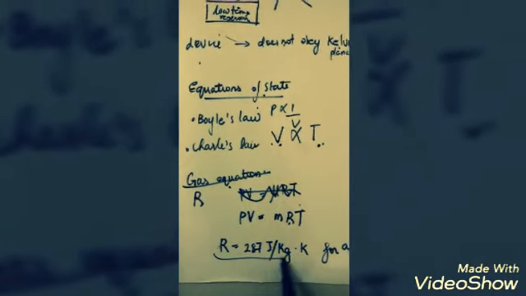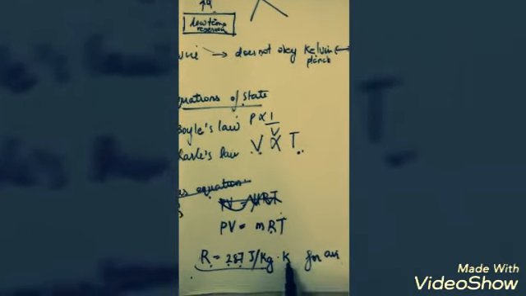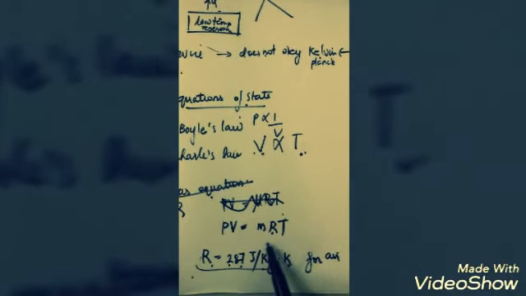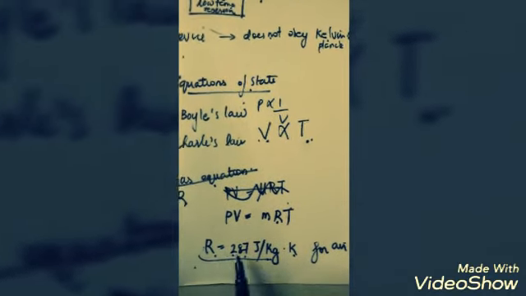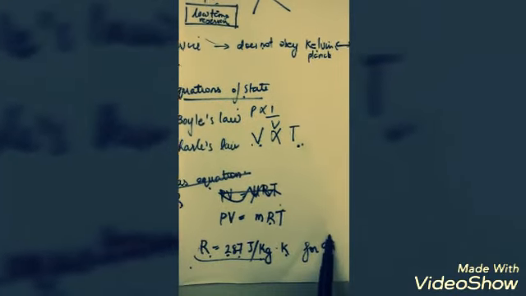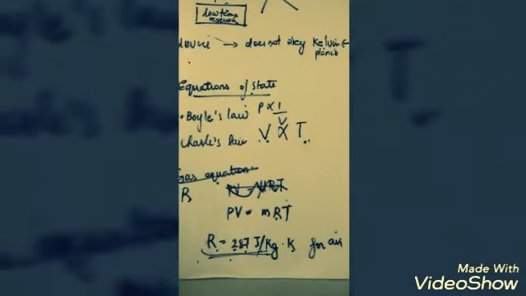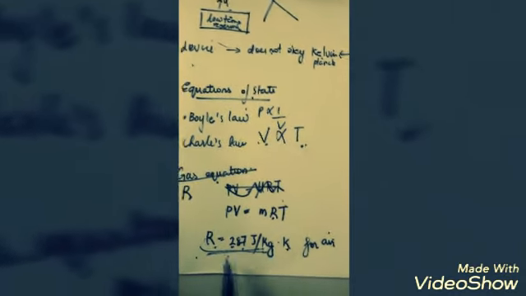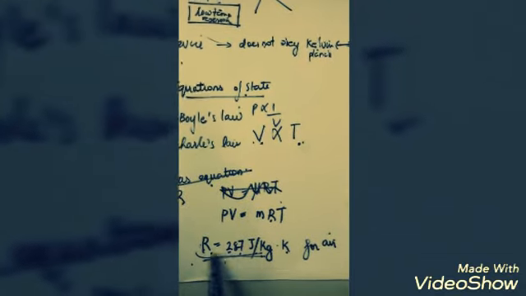You have to remember this value: R is equal to 287 joule per kilogram Kelvin. Joule per kilogram Kelvin is the unit, and R is equal to 287 for air. Just remember it. It is very useful in problems. Most of the problems take the value of R as this one, because they have taken air as a factor.